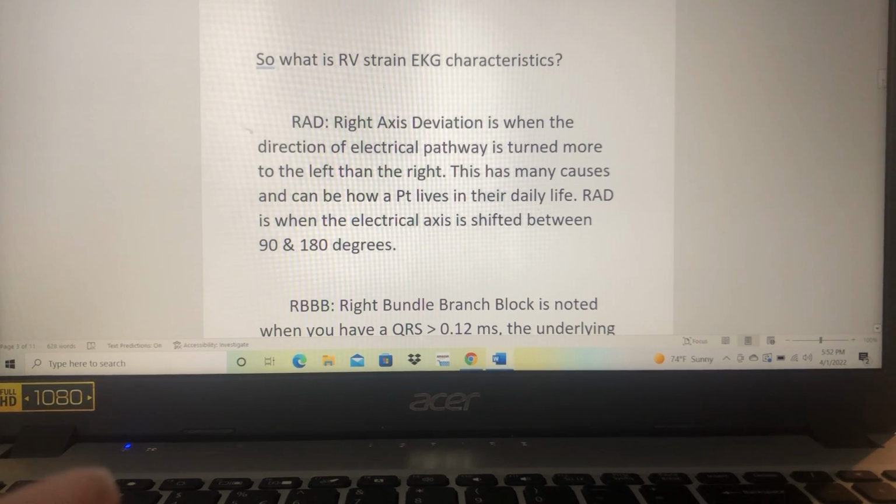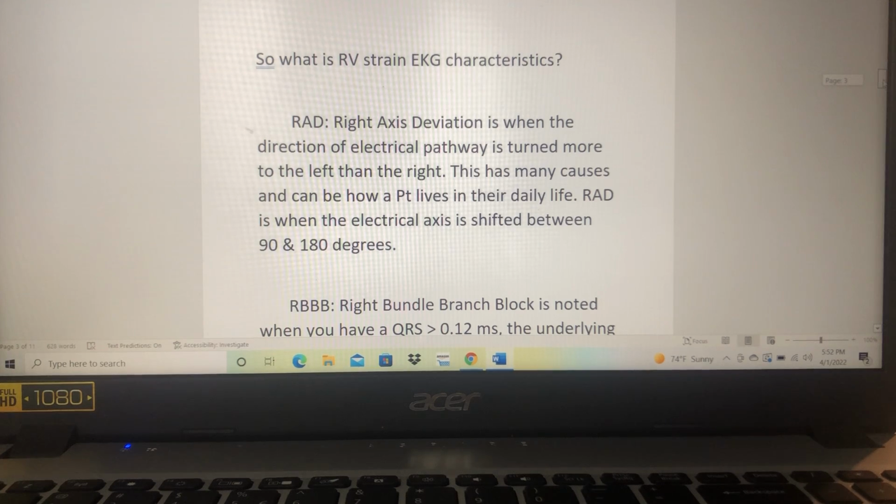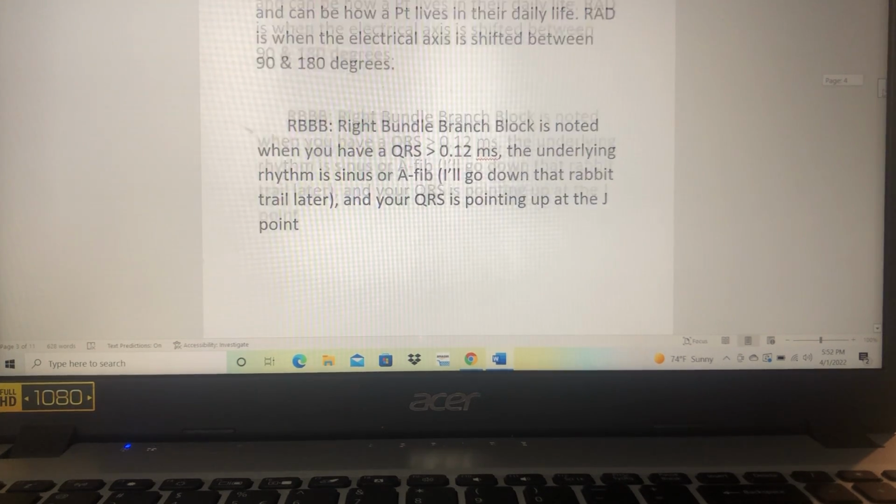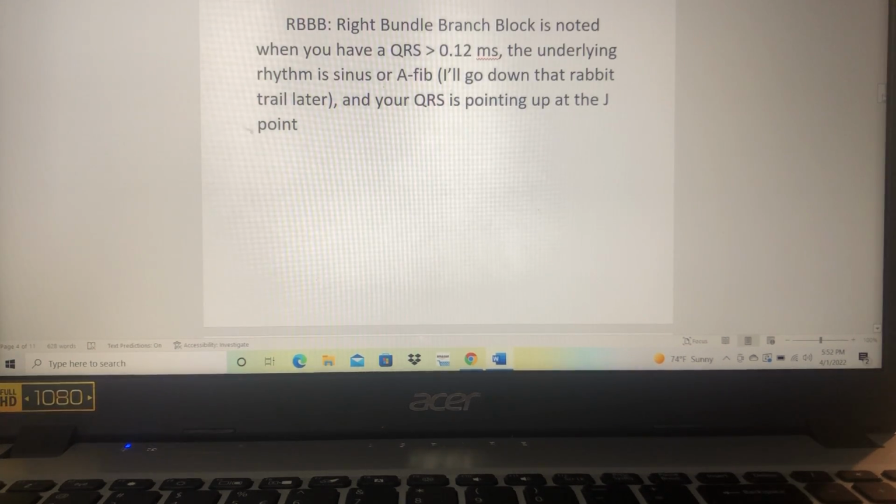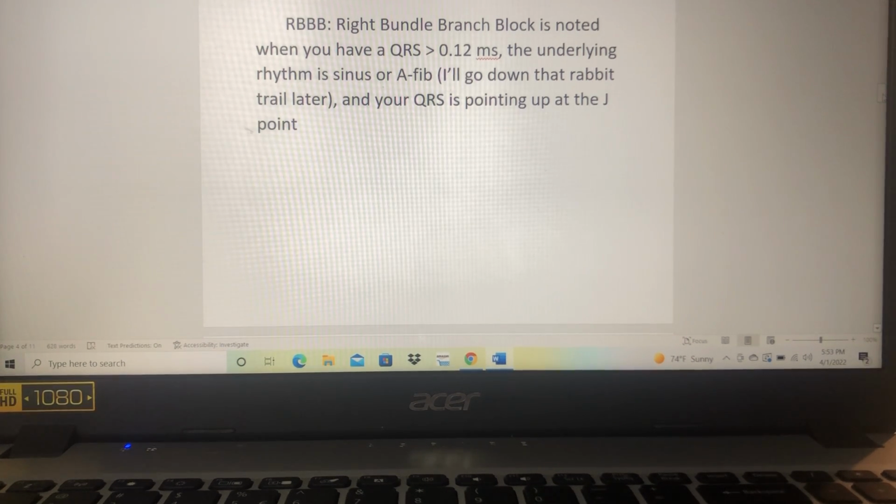It's the change of the electrical axis of the heart, as well as a right bundle branch block, which, simplified, is go to V1, look at it, and if the QRS is greater than 0.12 milliseconds, and at the J point the QRS points up, that's right.